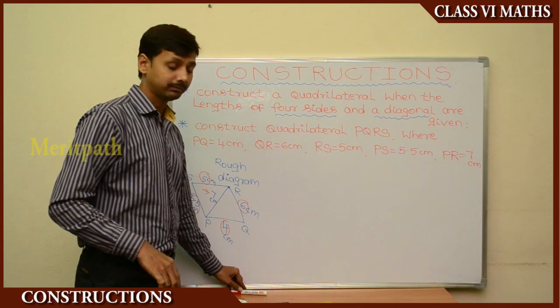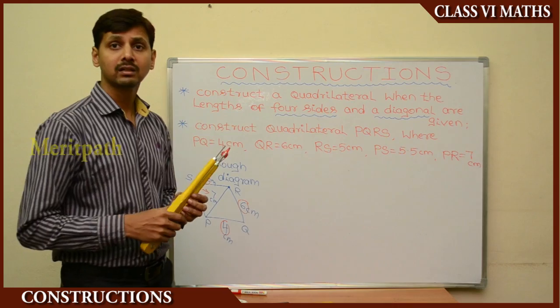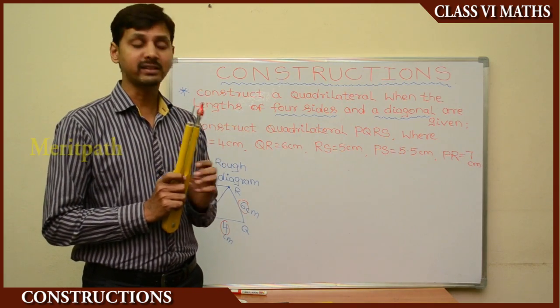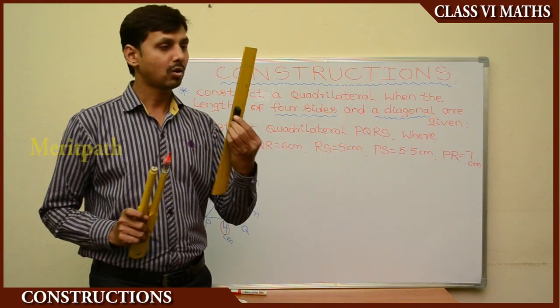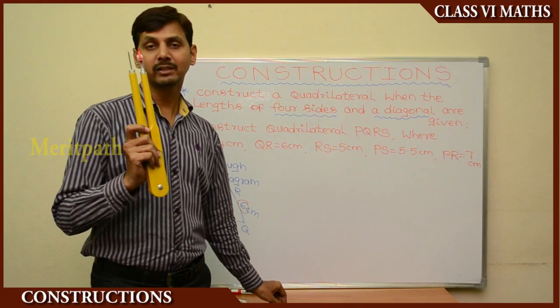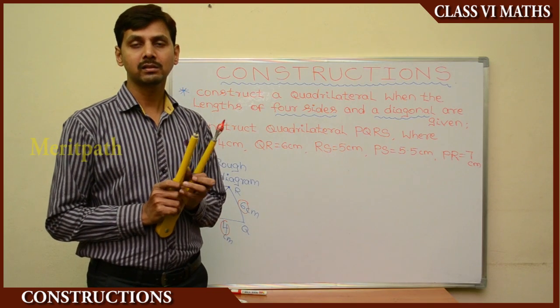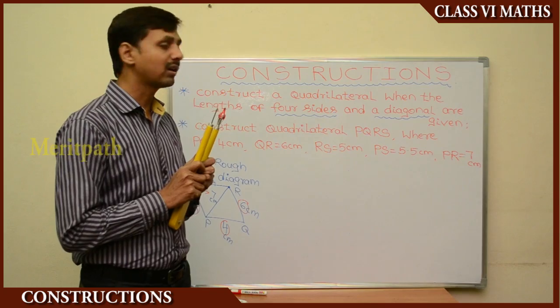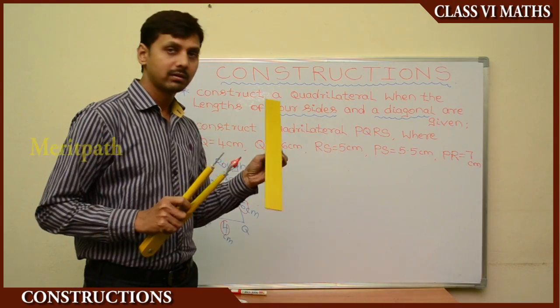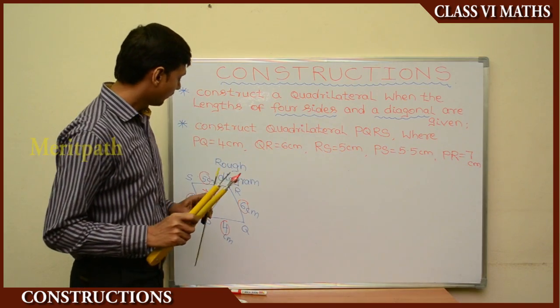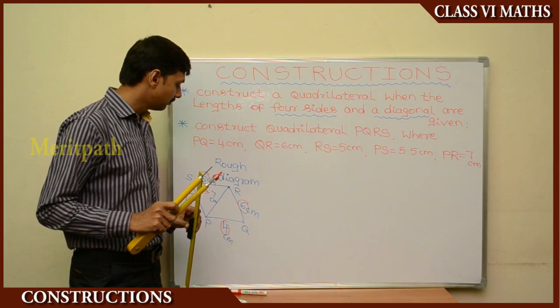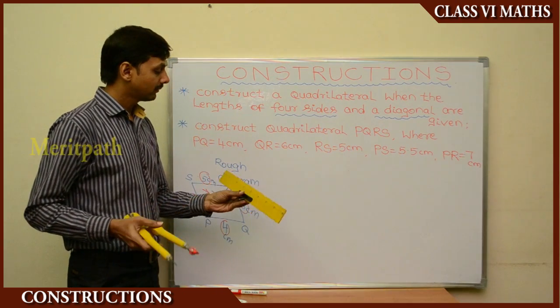So let's start. We have learned in previous classes about these instruments. It's a ruler or scale, and this is the compass. Using this compass, we'll construct a quadrilateral. Let's draw first. PQ is 4 centimeters.